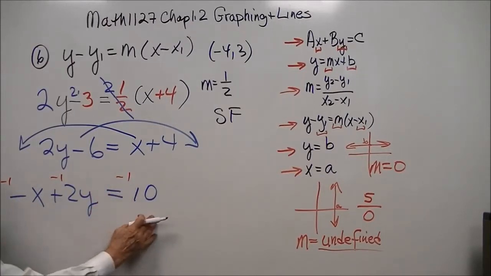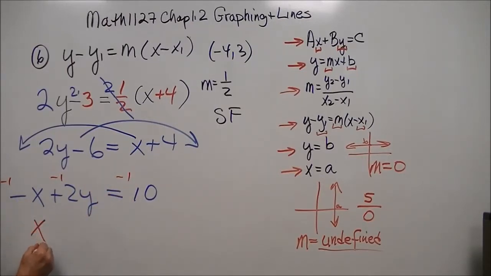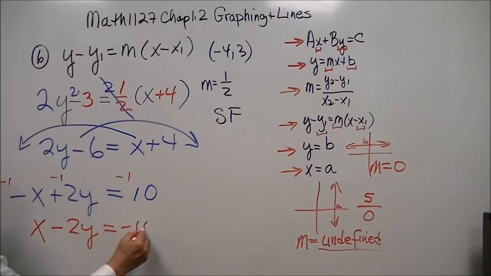That just changes the sign. So this then becomes a +x minus 2y equals a -10. And that is usually the way it's accepted. Sometimes they accept it this way. But if it didn't work this way, try it this way. A good technique.